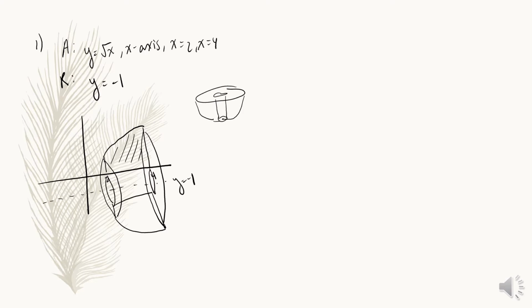So what we're going to do, just like we did last time, is take a slice. So take a slice right here, and imagine pulling that out of this shape. Now when we pull it out though, it's a washer instead of a disc. So it's not solid, it has that hole in the middle.